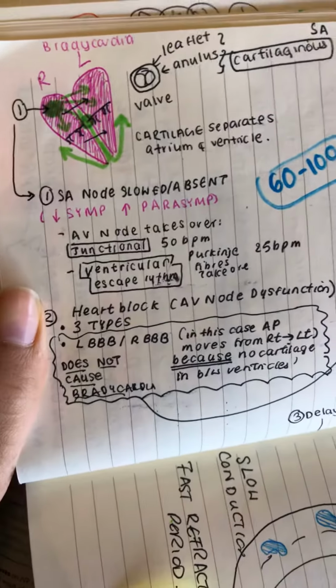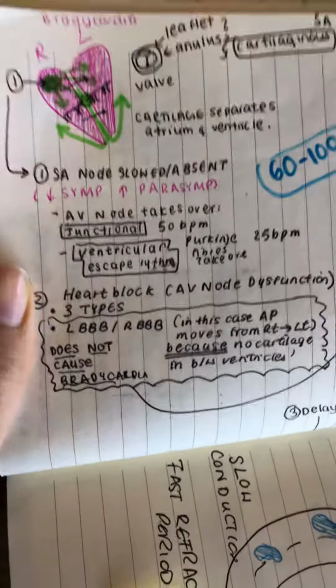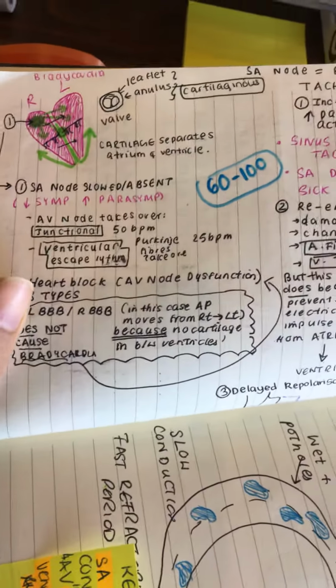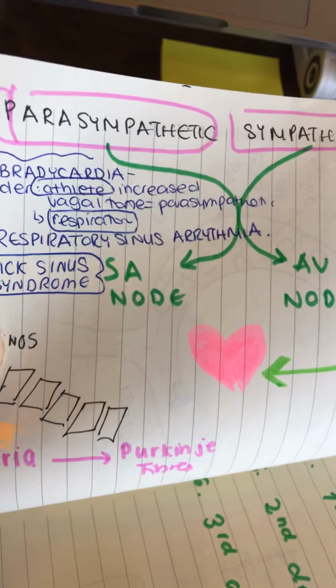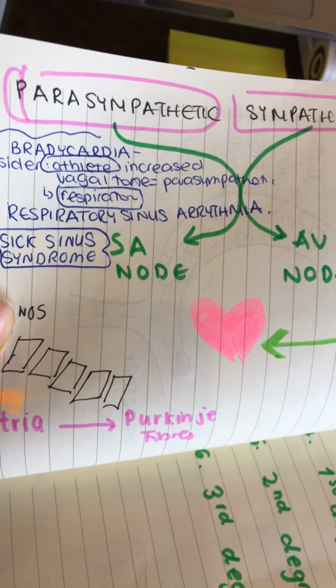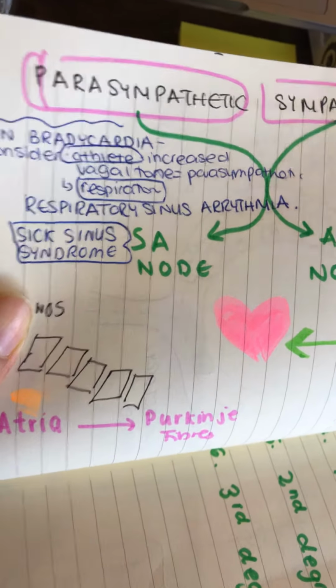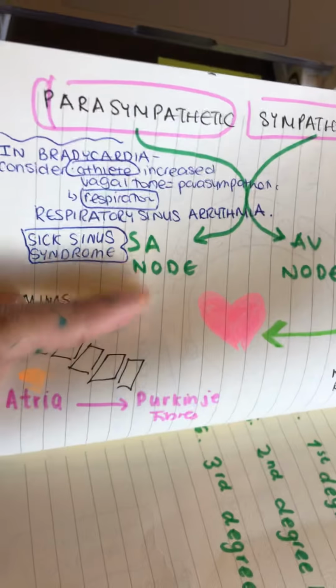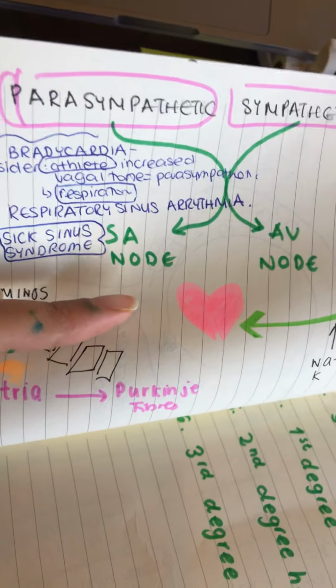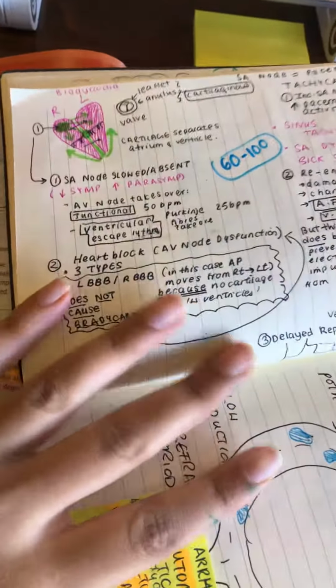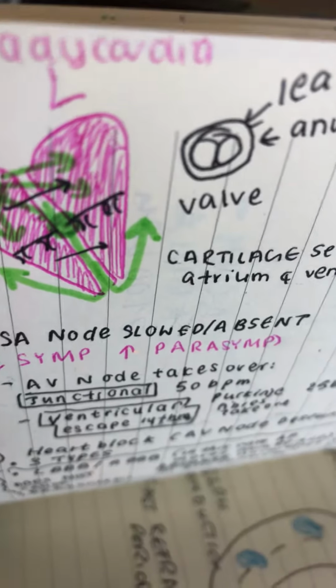There are two ways that the SA node can be regulated: usually by the parasympathetic and sympathetic systems. The sympathetic will increase your heart rate, because that's the fight or flight response, and the parasympathetic is rest or digest.